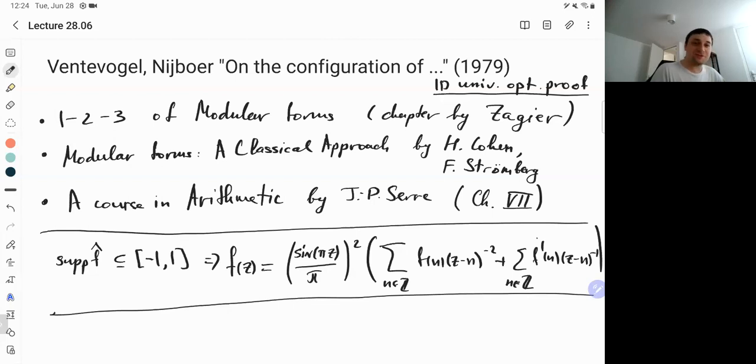If you're just interested in seeing modular forms in action, then there's a chapter in the book The 1-2-3 of Modular Forms, a chapter by Don Zagier, who gives lots and lots of very down-to-earth and maybe some not so down-to-earth applications of modular forms.